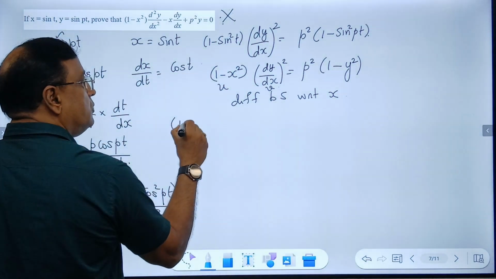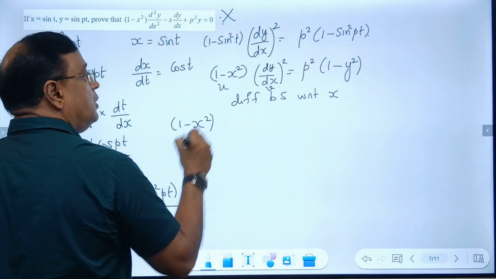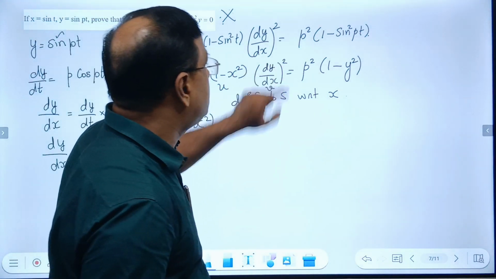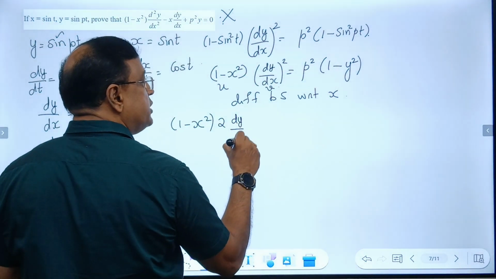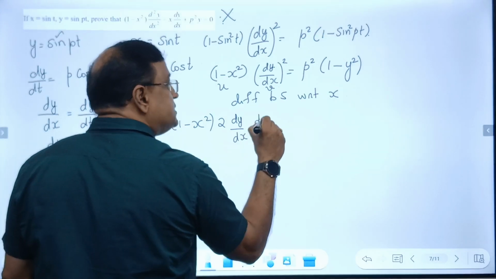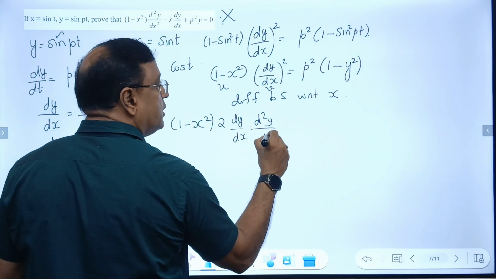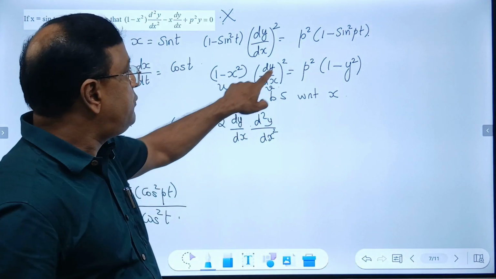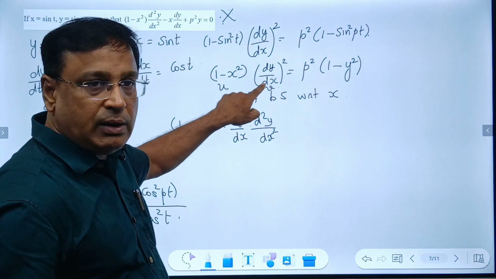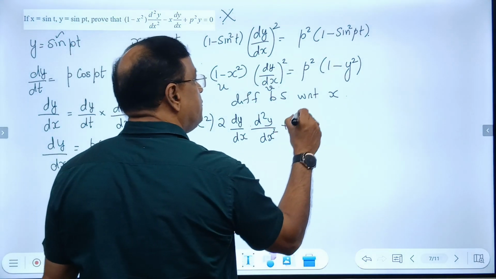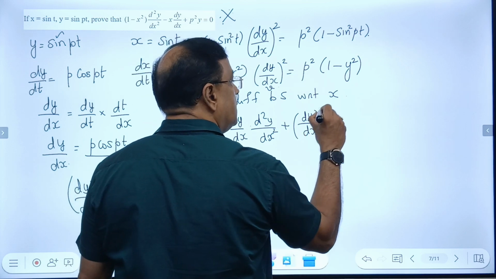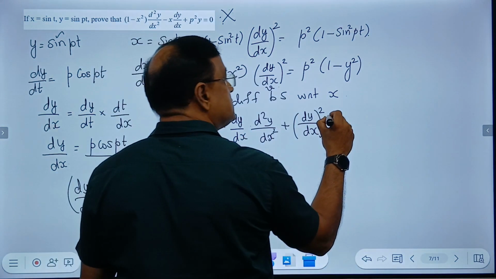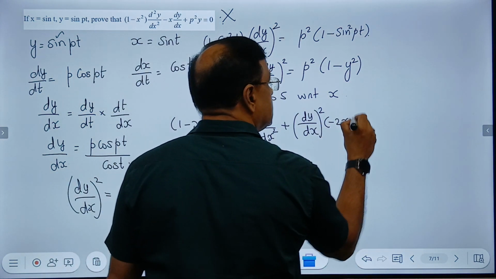Product rule. u into, what is the differentiation of dy by dx whole square? 2 into dy by dx, I am using chain rule, into d square y by dx square. Don't forget this. First I differentiate the power, then I differentiate dy by dx. Plus v. What is v? v is dy by dx the whole square, and differentiation of 1 minus x square is minus 2x.